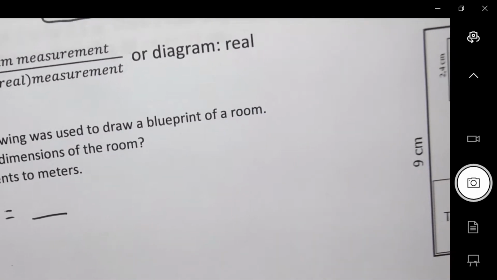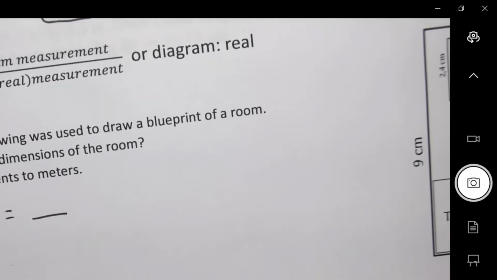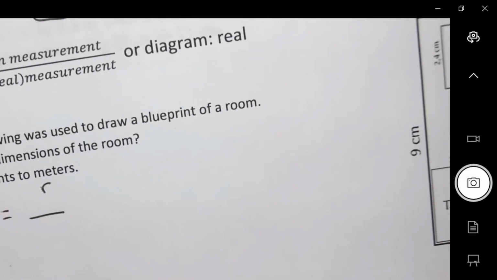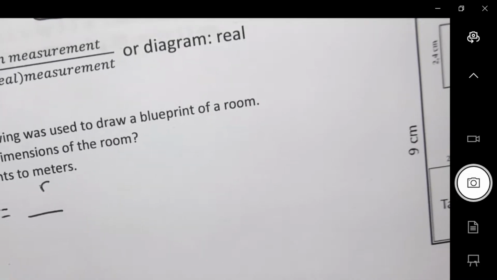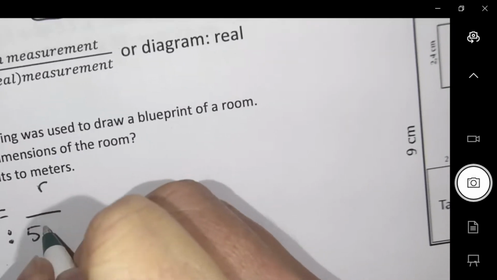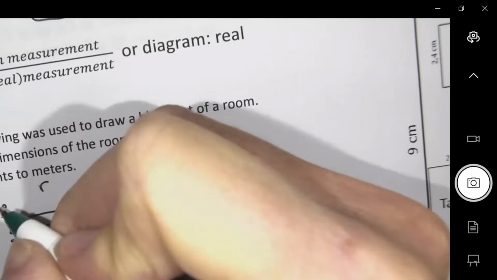How big is 6 centimeters in real life? So diagram to real. 6 on the diagram is how many in real life? We knew 1 on the diagram is 50 in the real. I guess I could put colons there.